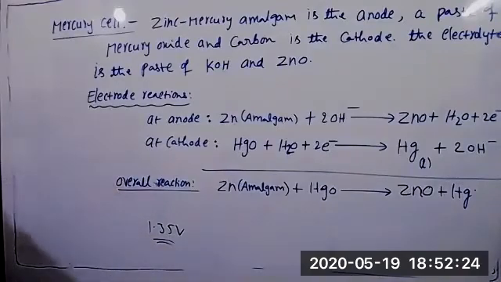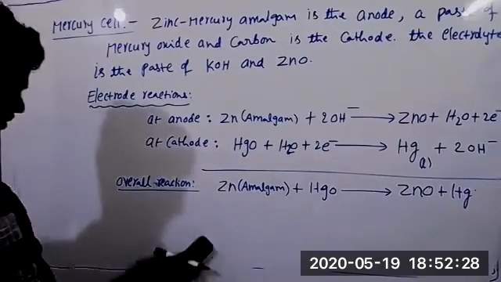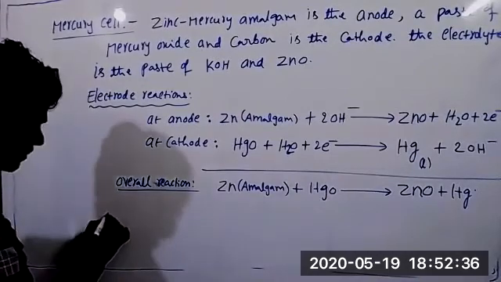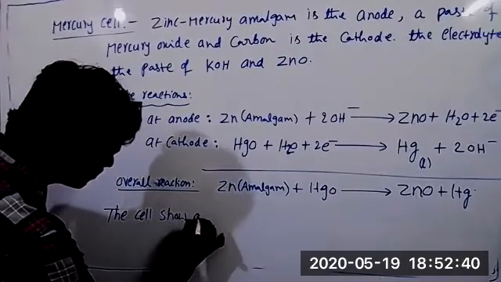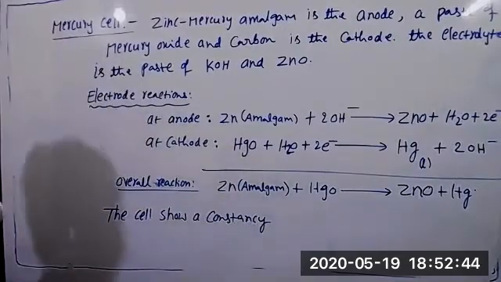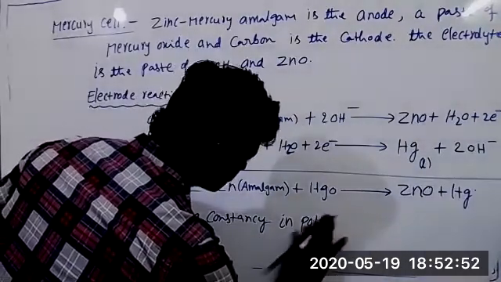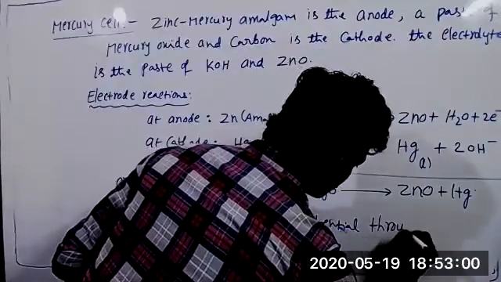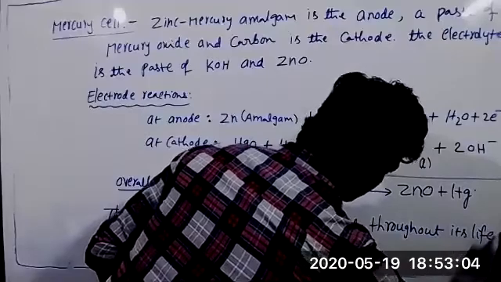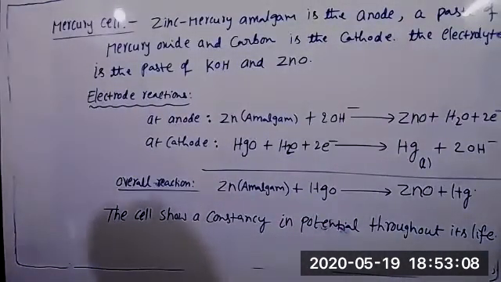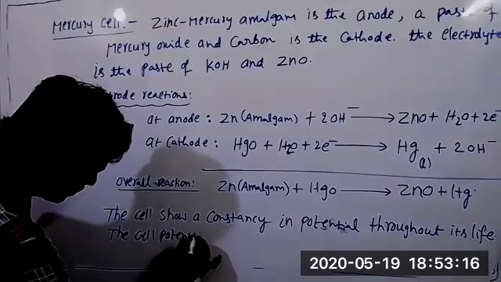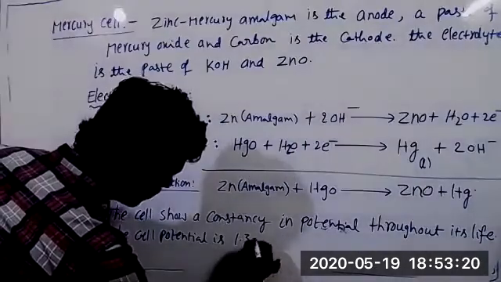So note that point also: the cell shows constancy in potential throughout its life. The cell potential is 1.35 volts.